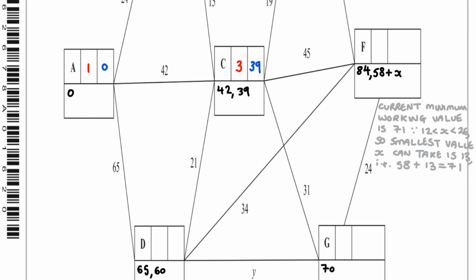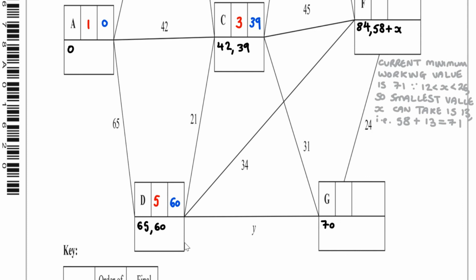So we have D with order of labeling 5 because its current working final value is 60. So now 60 plus 34, well, that will be 94. We don't want to add that, that will just give a bigger value here. So 60 plus y is the one that goes here.